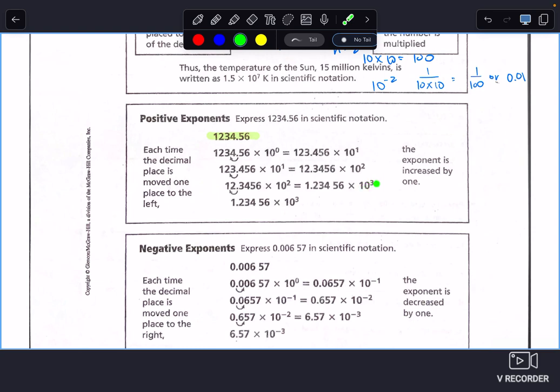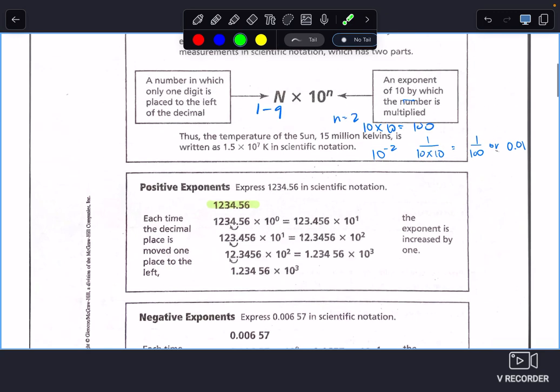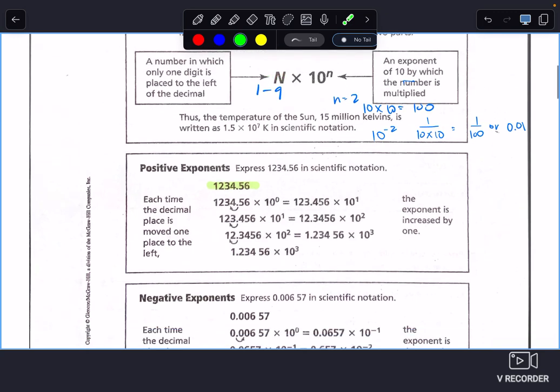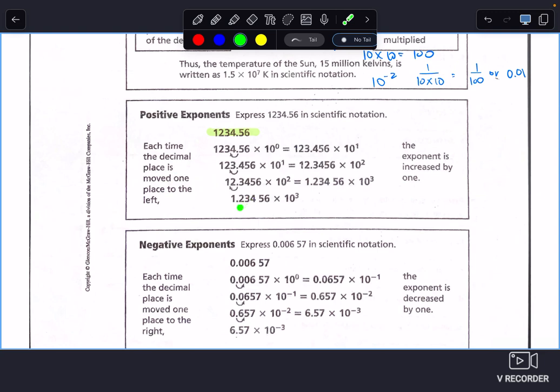And so you need to keep moving the decimal over until you get it behind the first digit that's not 0, because remember, the first digit can only be 1 through 9. And the number of times that you move it to the left is equal to the exponent, or the power of 10.